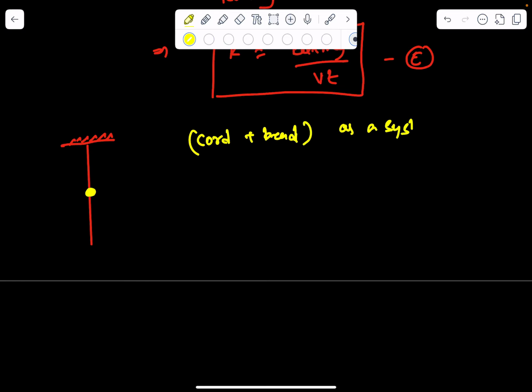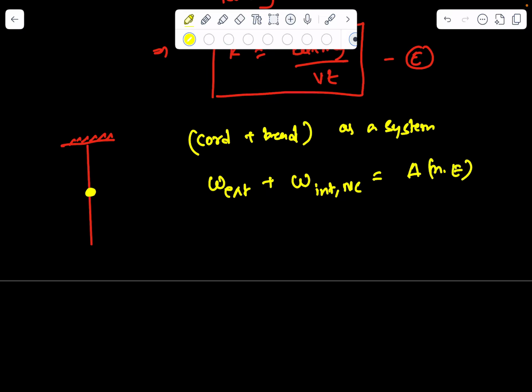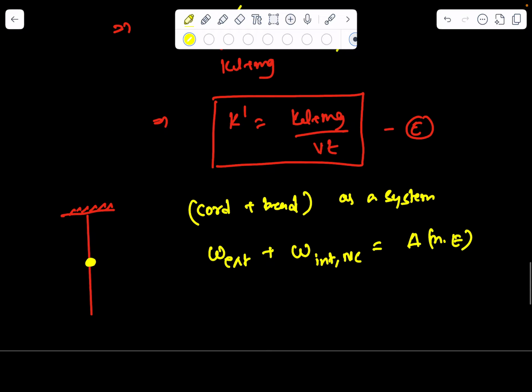If you consider elastic cord plus bead as a system, according to the work energy power statement, work done by all external forces plus work done by any internal non-conservative forces must be equal to the change in mechanical energy. I'm not going into the derivation of this general expression.